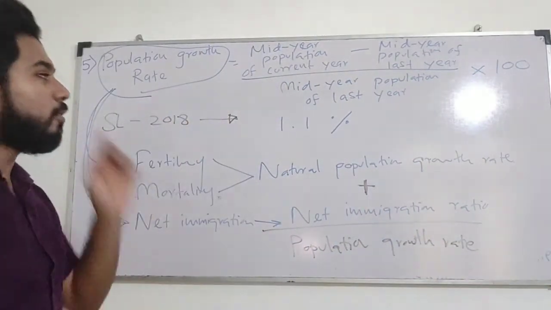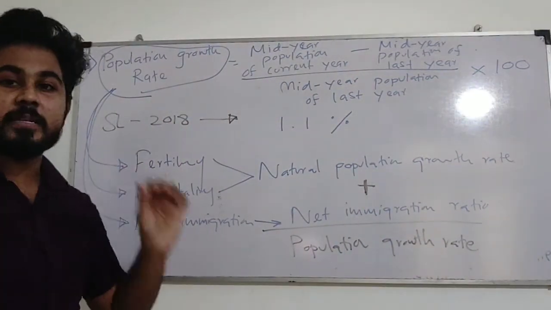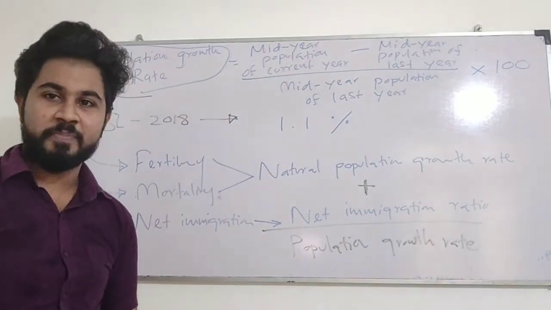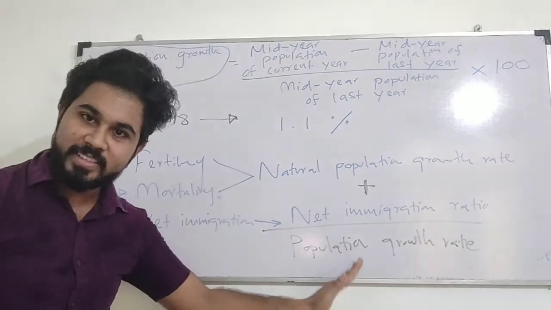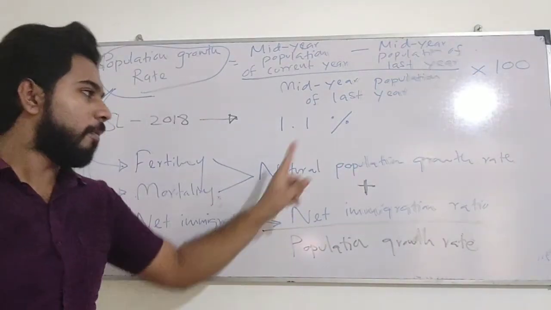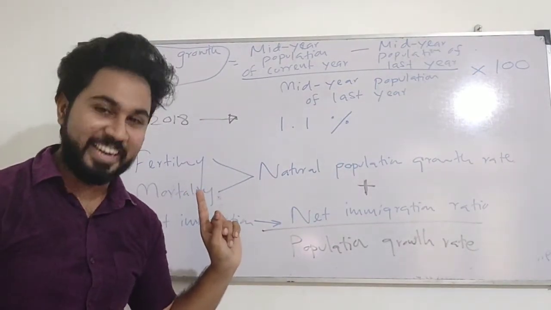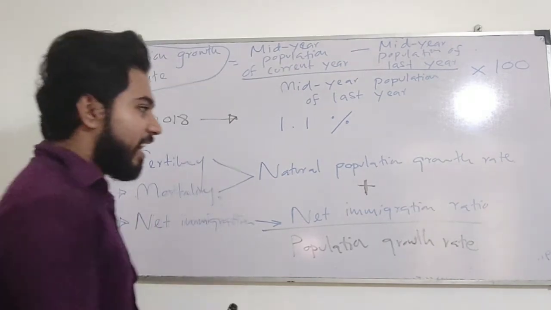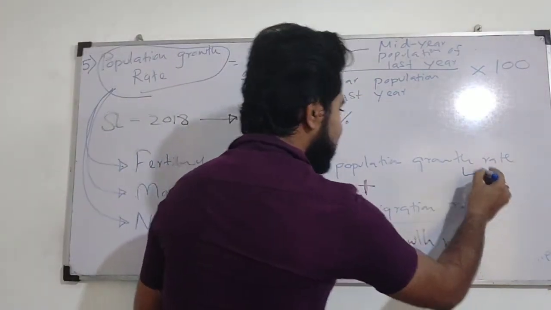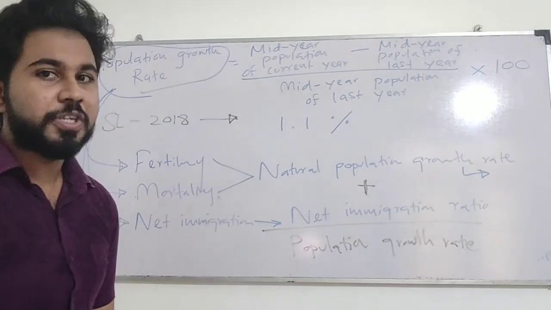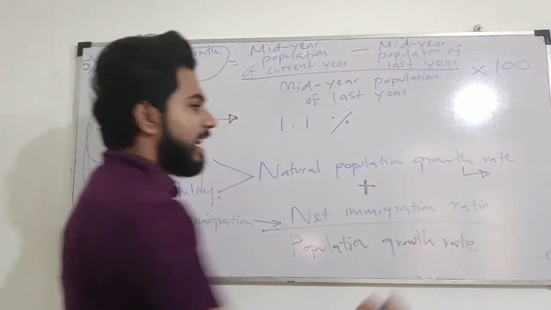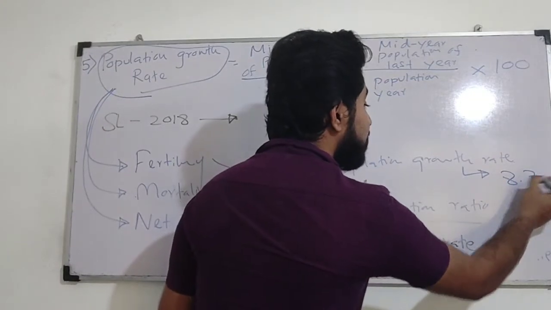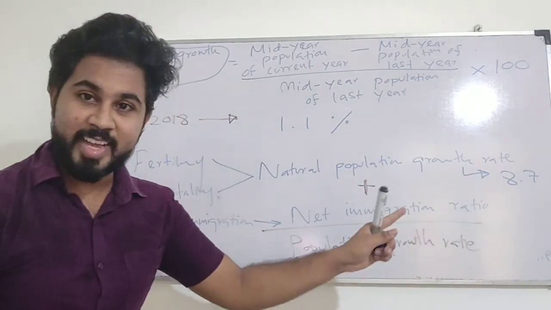So we can calculate the population growth rate as a percentage in this way, and we can also calculate the population growth rate in this way: natural population growth rate plus net immigration rate. Can you remember the natural population growth rate that we calculated earlier? Yes, it was 8.7. Is it a percentage?